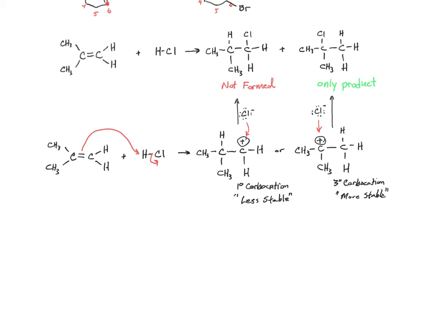So when you think about it, we can kind of explain this through an energy diagram. This is going to look a little bit different from the reaction diagrams that I've drawn in the past. Instead of starting all the way on the left-hand side, I'm going to start in the middle. This is going to be our reactants, so this is our alkene and our HCl.